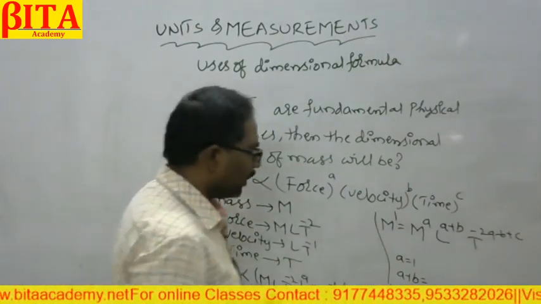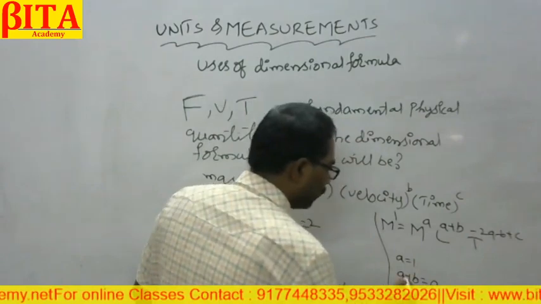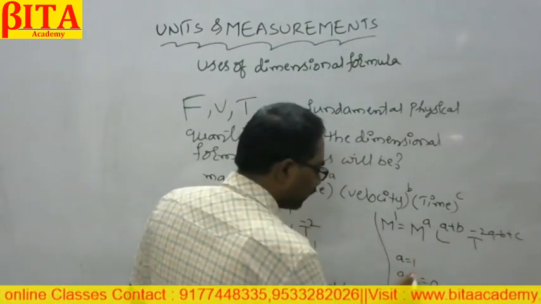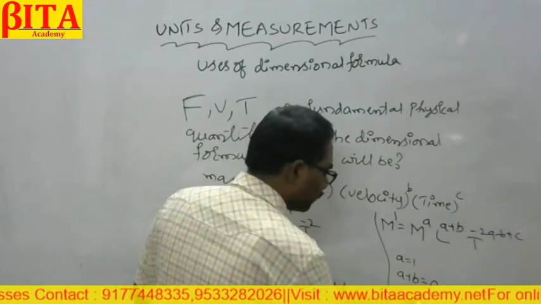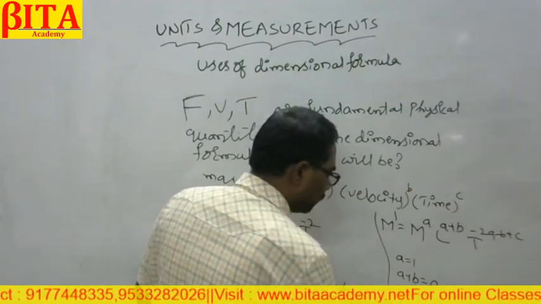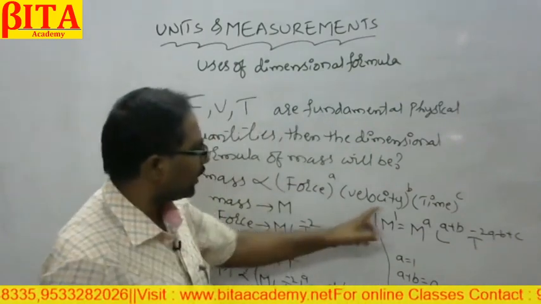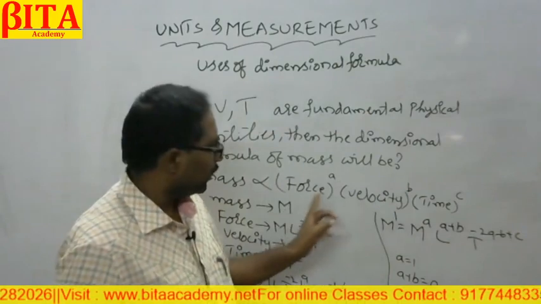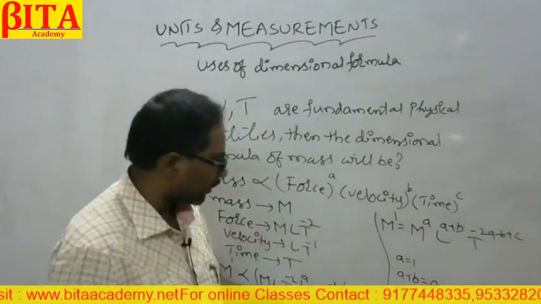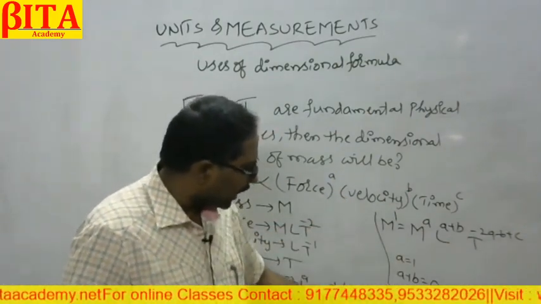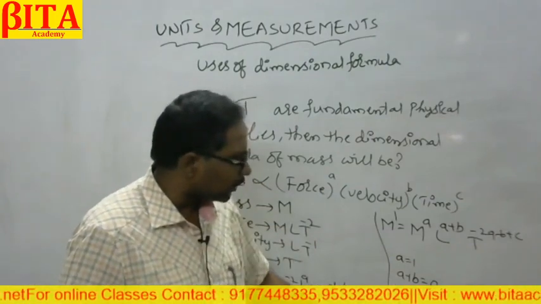So that means a plus b must be equal to 0, and already you know a is equal to 1, so 1 plus b is equal to 0, so b is equal to minus 1. So that means velocity to the power of minus 1 must be there, F to the power of 1 must be there.